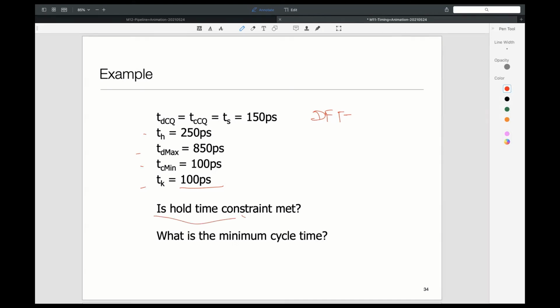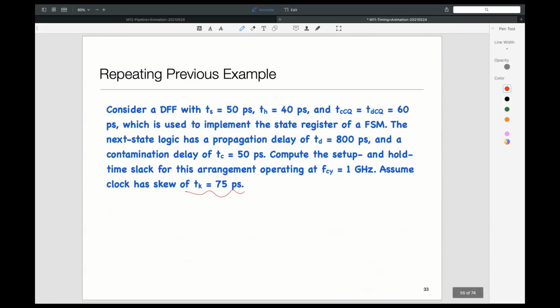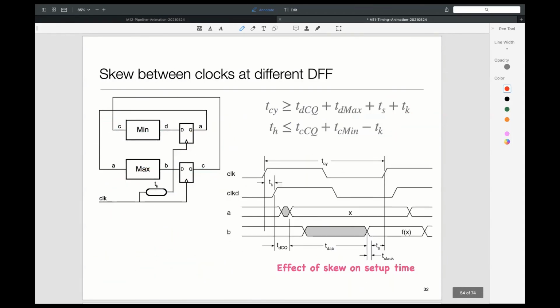Well, let's look at the hold time. So the hold time was that the TCCQ plus TC min, that is 850 plus 100, and I wanted TH, which is 250, to be less than or equal to this, right? If we go back just to refresh your memory, TH looks like this.